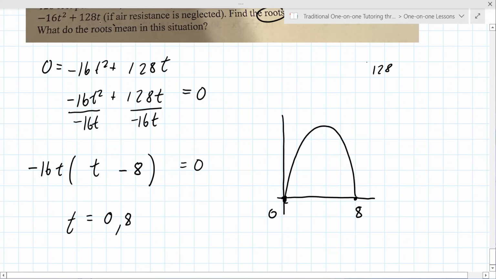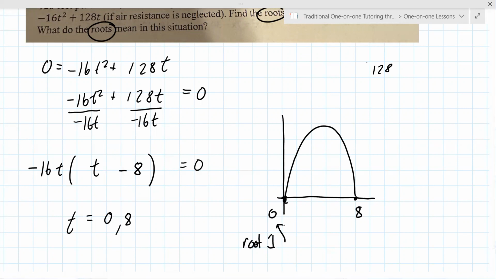What do the roots, plural, mean? So root 1, the first root, is here at 0. They're asking you to write a sentence, to say what that means. Can you tell me in your own words what that means in the situation that's given?